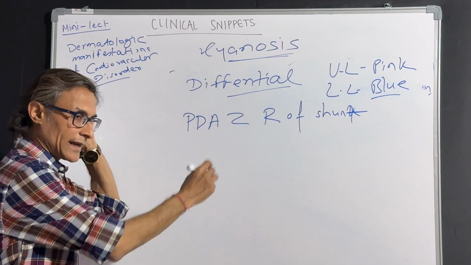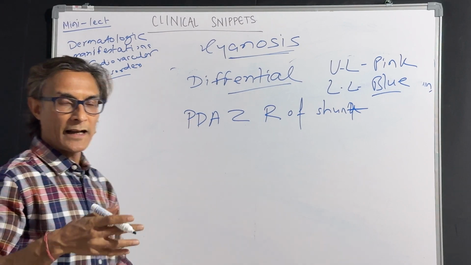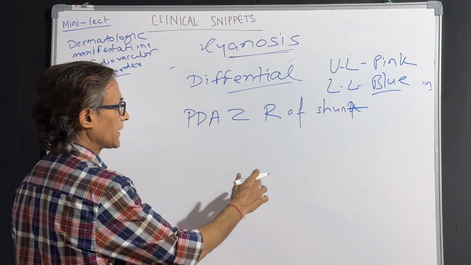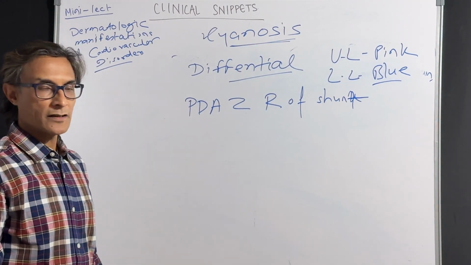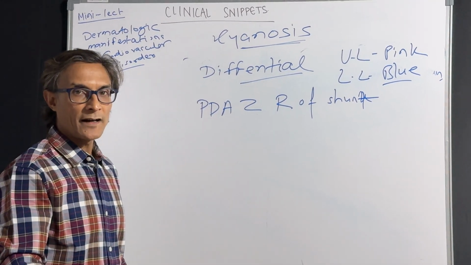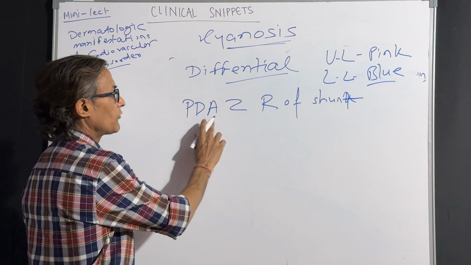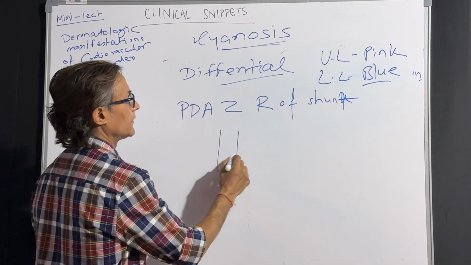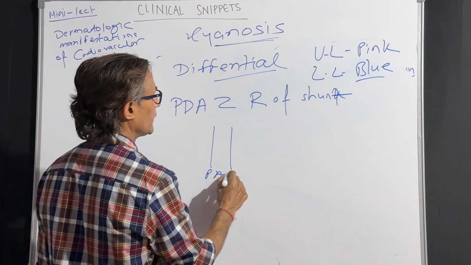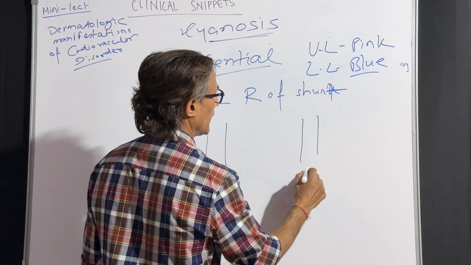Again, I am not going to the detailed anatomical drawing. Let us see what a PDA is. It is a persistent ductus arteriosus. It should naturally obliterate, but it is persisting. What is this ductus arteriosus? It is connecting the pulmonary artery to the aorta.